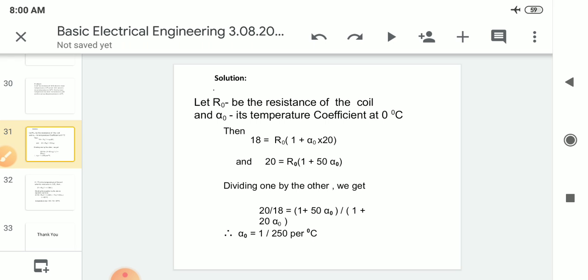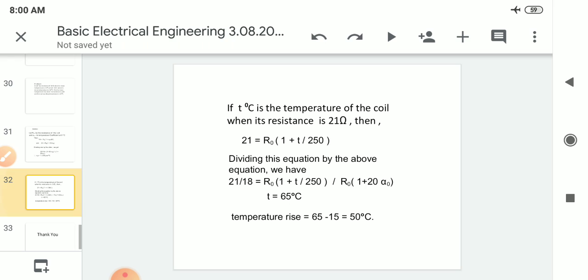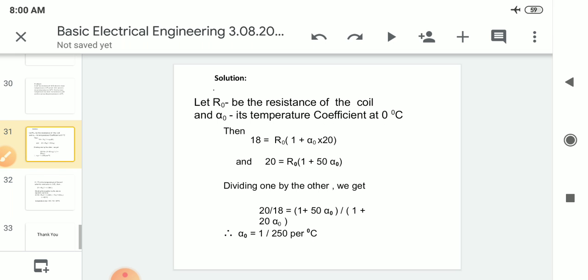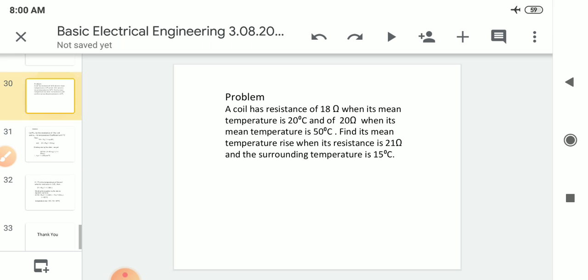Simply we are getting the value of alpha naught here. Once we get alpha naught, then we substitute it at 21 degrees centigrade. Then another equation comes at 21 degrees centigrade. These two equations are at 20 degrees and 50 degrees centigrade.